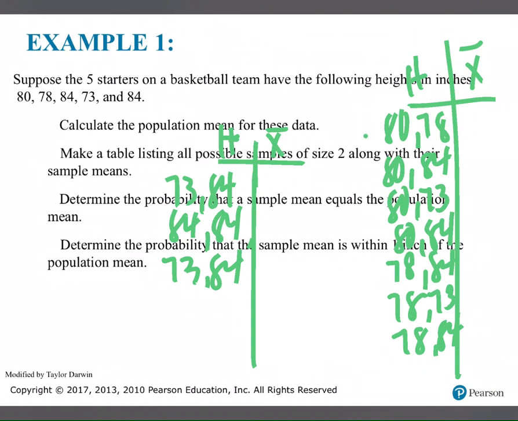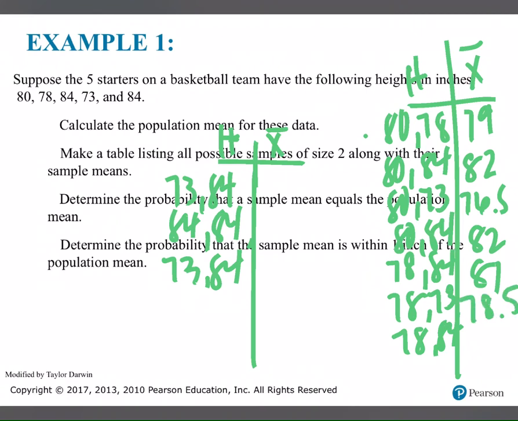If I add them together and divide by 2, I get 79. 80 and 84 average to 82. 80 and 73 average to 76.5. 82, 81, 78 and 73 is 78.5. 78 and 84 is 81.